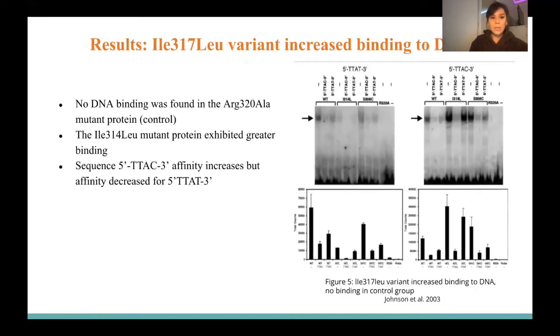The results from the ILE317 LEU variant showed increased binding to DNA. No DNA binding was found in the negative control protein, which is this one, but binding did occur in the second and the positive control right here.